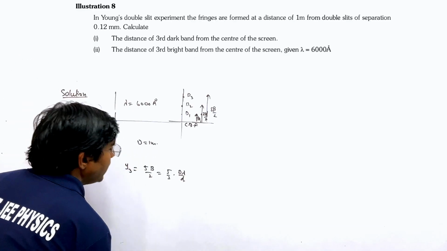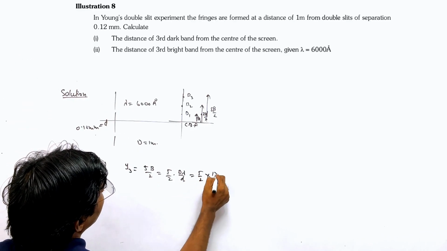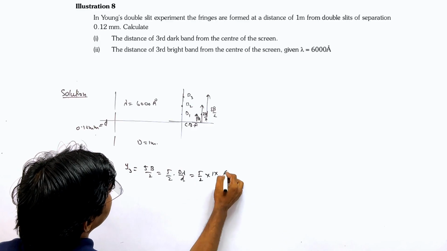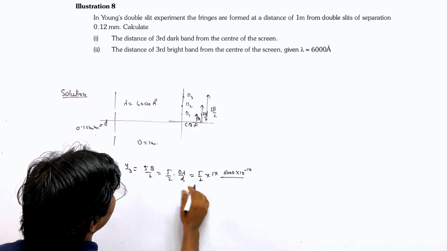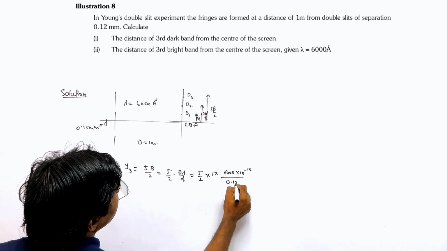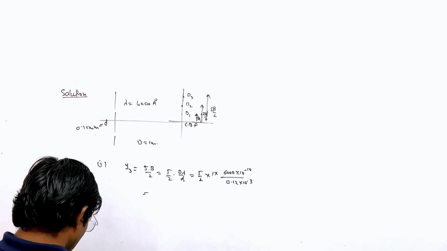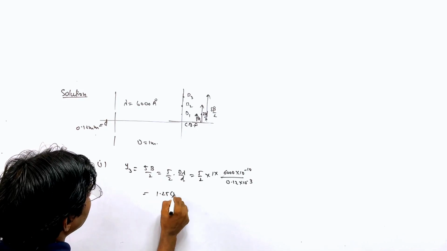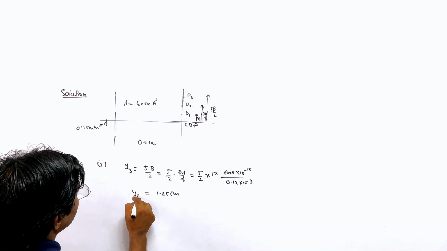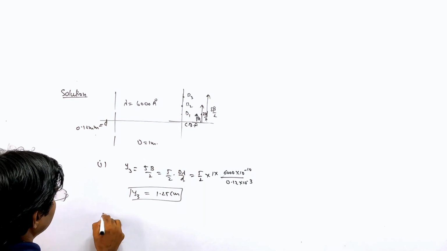So you can put the value and you can get the answer. 5 by 2, 1 into 6000 into 10 to the power minus 10 upon 0.12 millimeter, right? So when you calculate this, you will get 1.2 centimeter. This is the position of the third dark fringe from the central bright fringe.